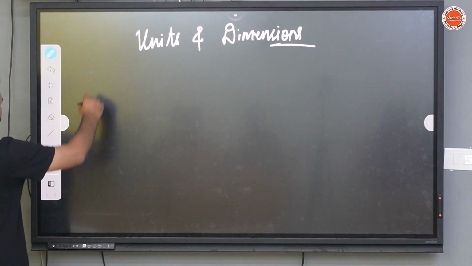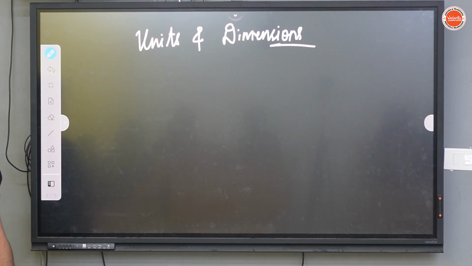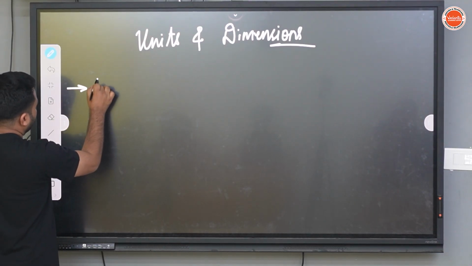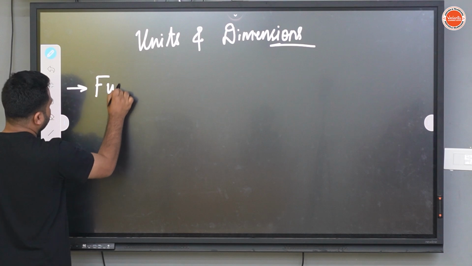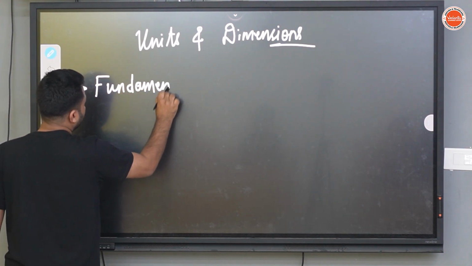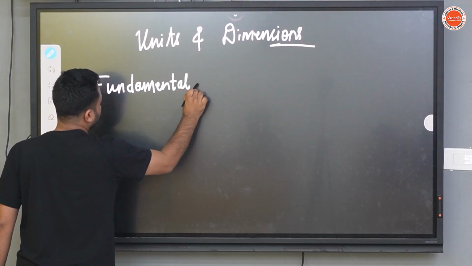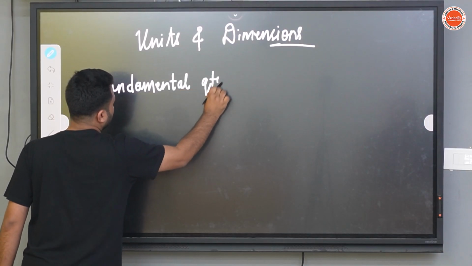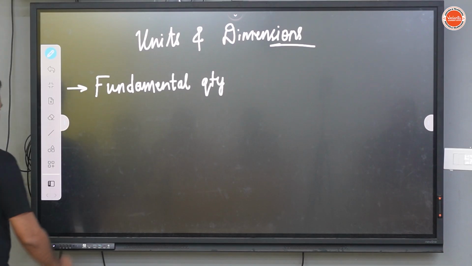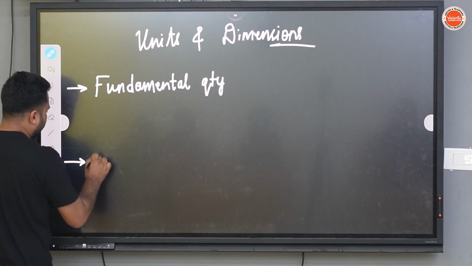So see, here we have two types of quantities. One is fundamental quantity and the other we call derived quantity.